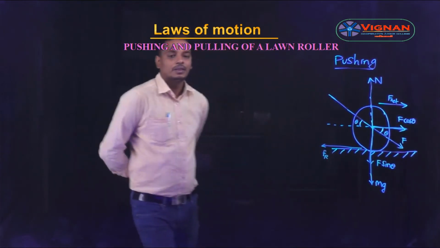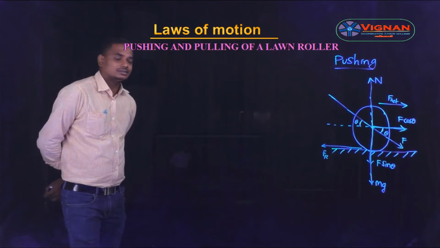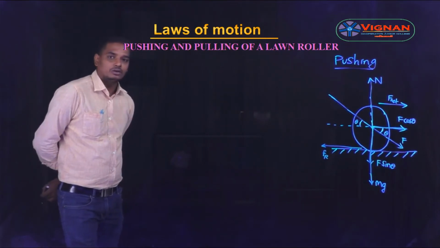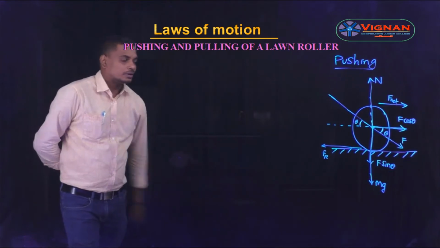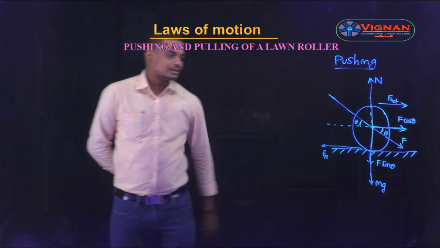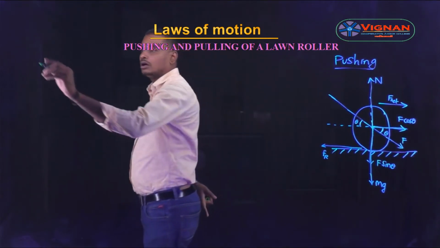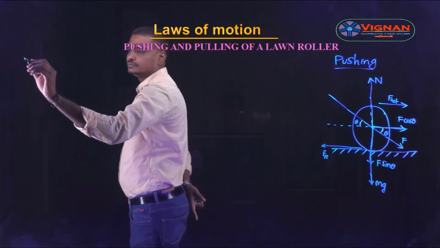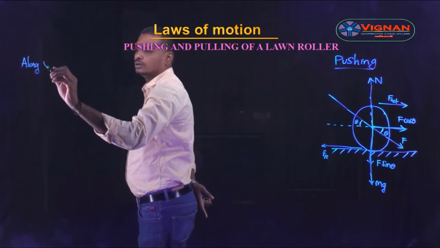So these are the forces acting on the lawn roller. Okay, now let us write the equations of motion. Consider along the vertical direction.